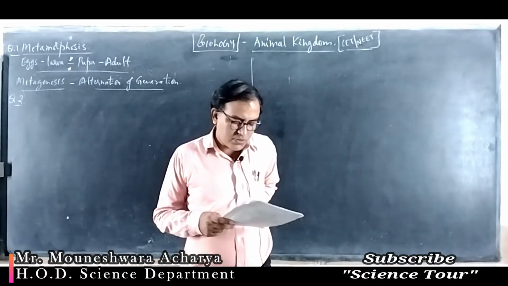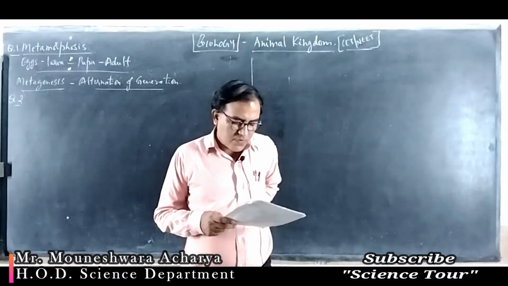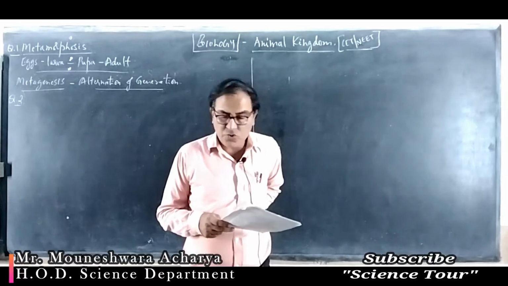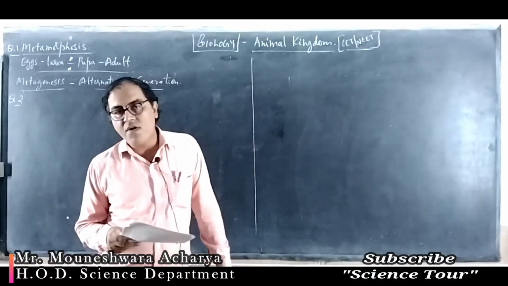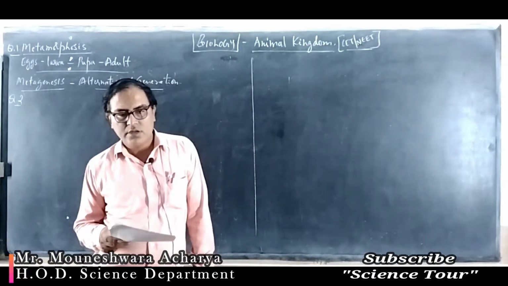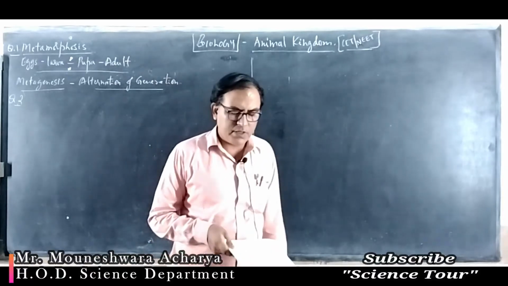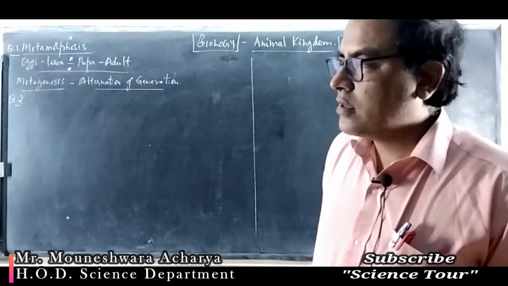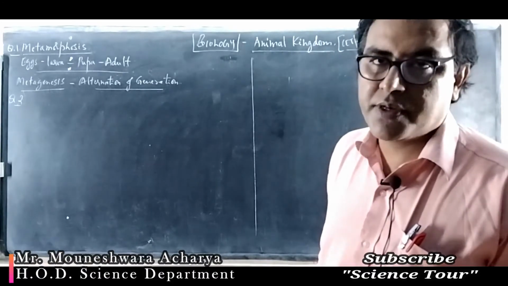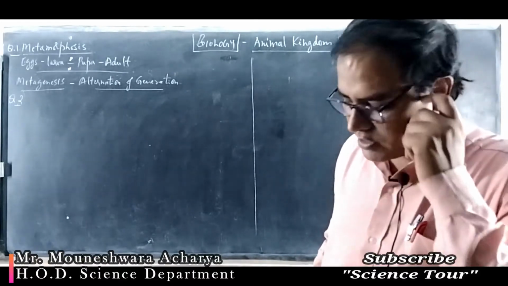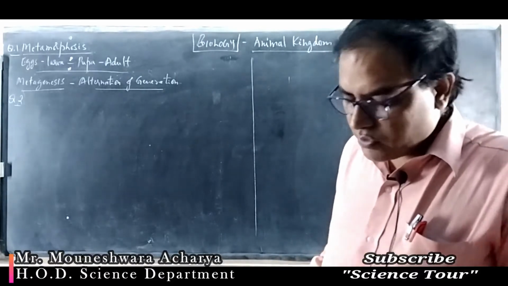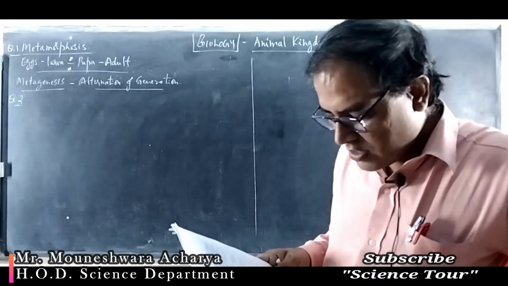It's a pseudocoelomate, meaning they have a false body cavity. Between the ectoderm and endoderm there is mesoglea, a jelly-like substance. True mesoderm is absent, and that cavity is surrounded by those mesoglial layer of cells.